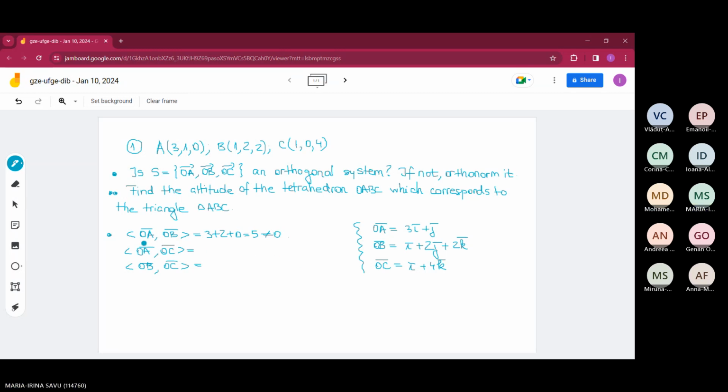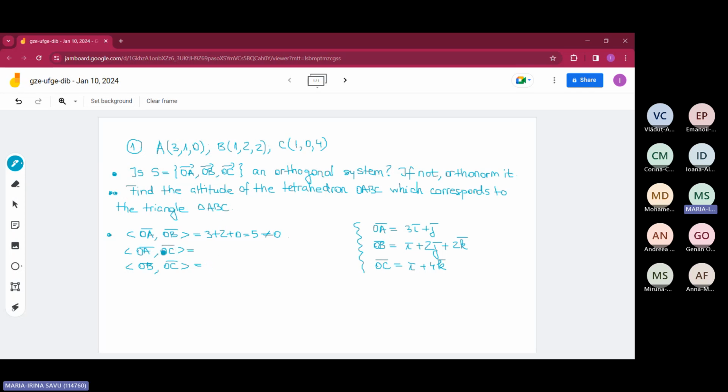So you can use the fact that this system is not an orthogonal system. But let's compute the other dot products because maybe we will find two vectors which are perpendicular and we will use them to orthogonalize the system.